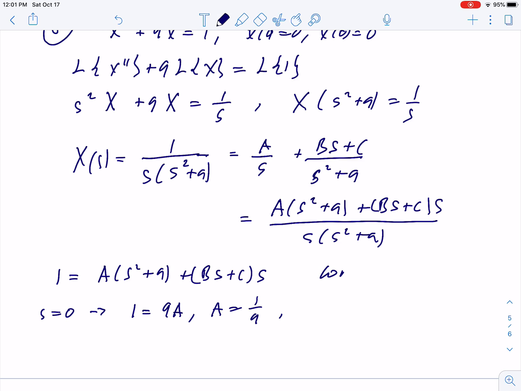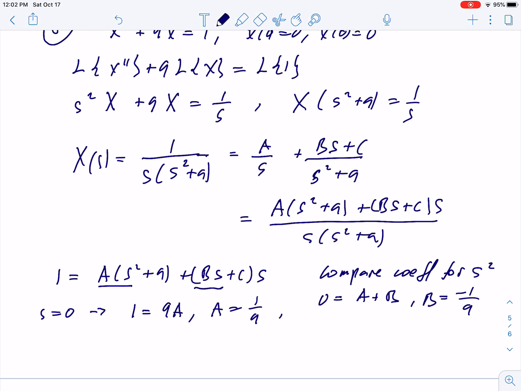So compare coefficients for s squared. On the left side, coefficient for s squared is 0. There is no s squared. On the right side, we have a with s squared, and also bs with s will give you s squared, a plus b. This simple equation. And because we know what is a, from here b will be negative 1/9.